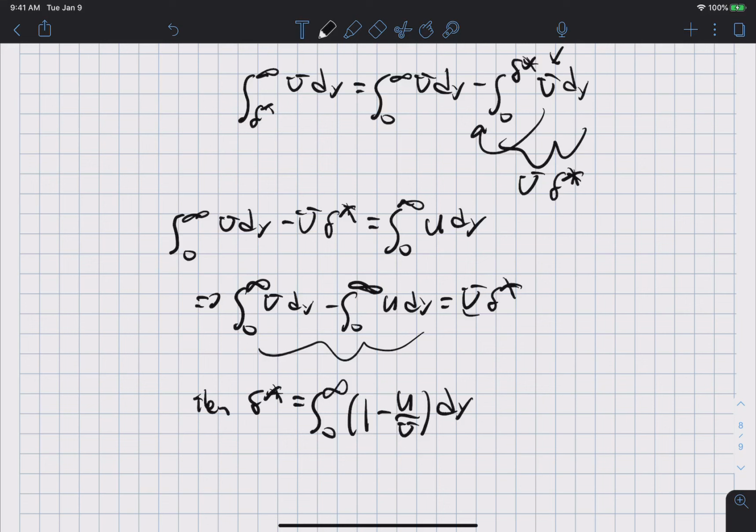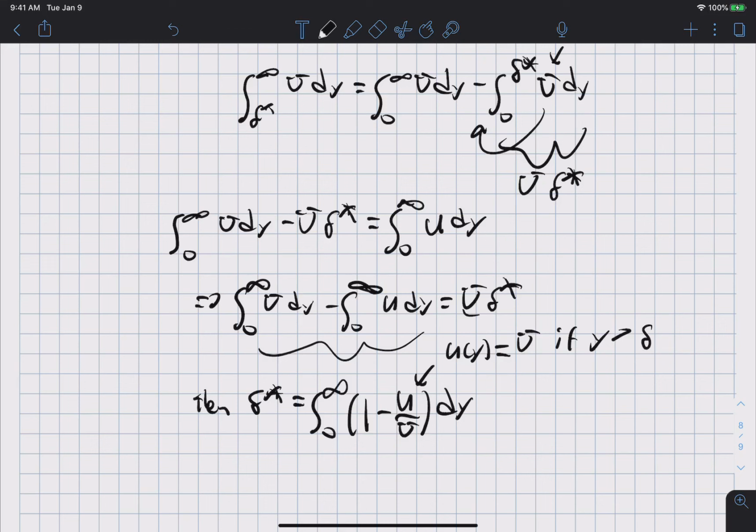Okay, now this sort of looks nasty because we have to do this integral up to infinity, but in reality we don't, because u of y equals the free stream velocity, capital U, if y is greater than delta.